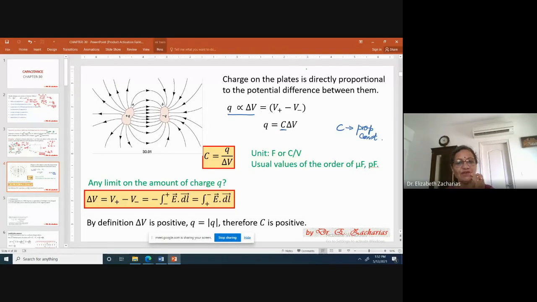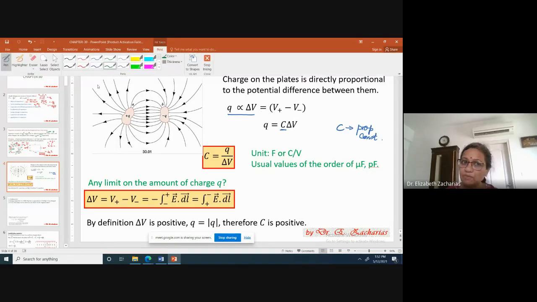Capacitance value does not depend on how much charge it is carrying. It does not depend on what is the potential difference. It just depends on the geometry only. But the relationship between these two variables and that constant is given by this equation. That's all. I hope I made myself clear.